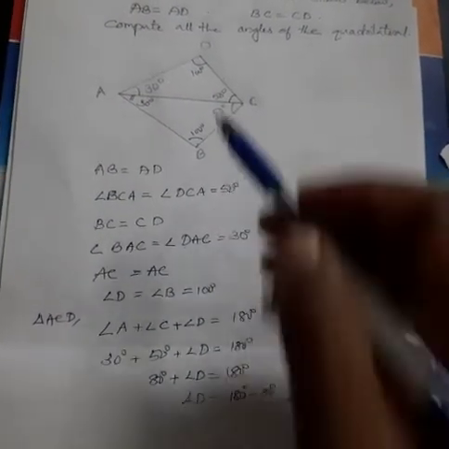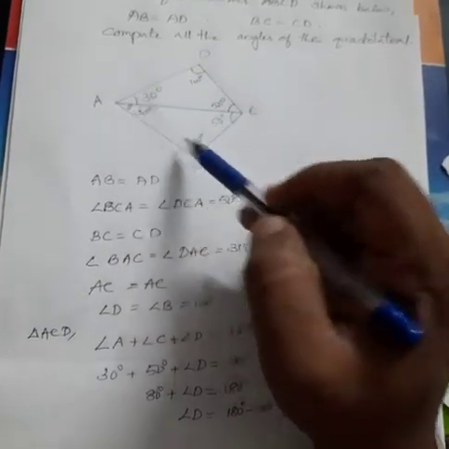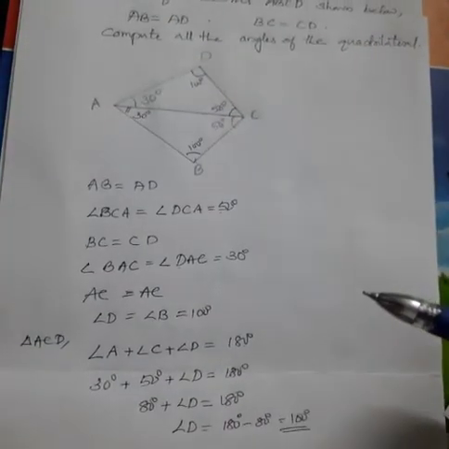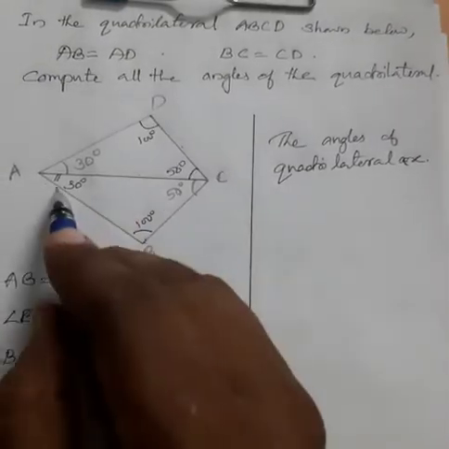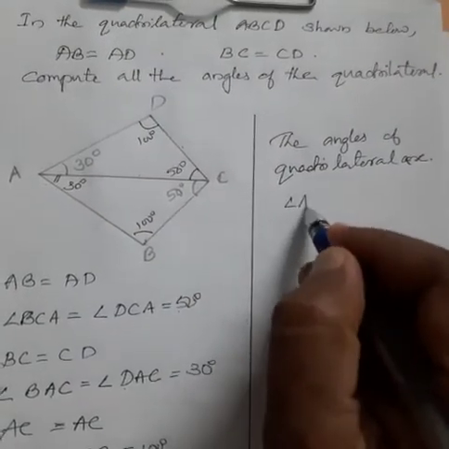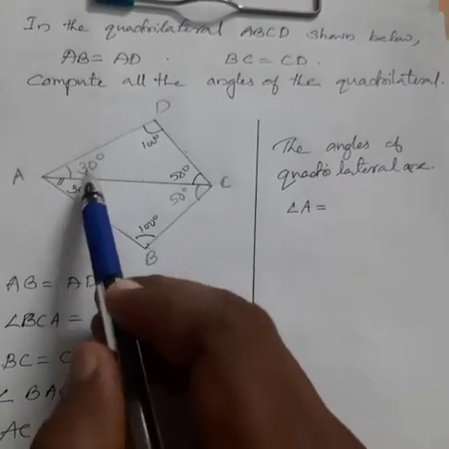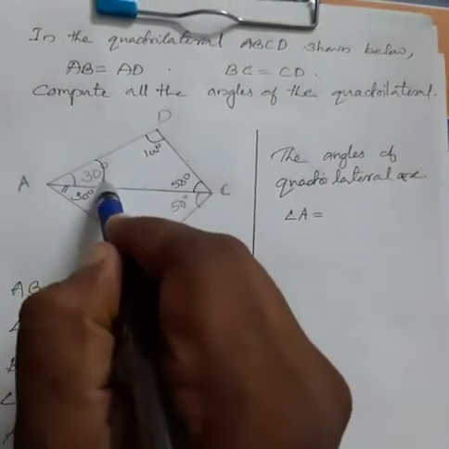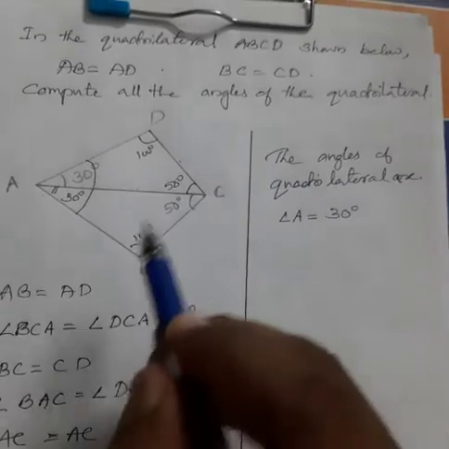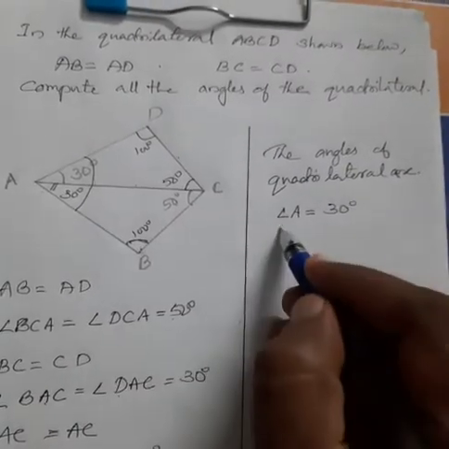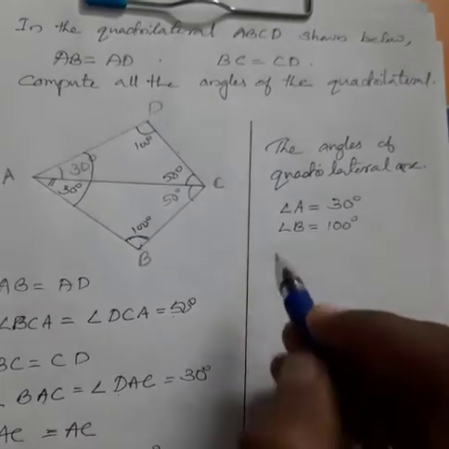Then using these angles, we have to find out the four angles of the quadrilateral. So what is angle A? Angle A is equal to, both these angles should be added, it is together. Then what about angle B? Angle B is equal to 100 degree.